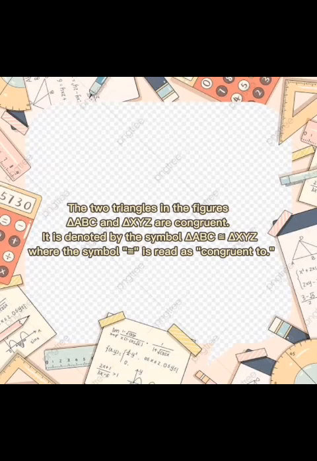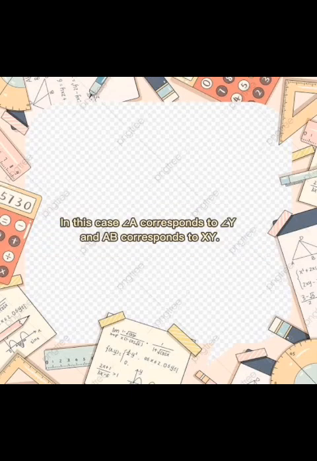The two triangles in the figure, triangle ABC and triangle XYZ, are congruent. It is denoted by the symbol triangle ABC is congruent to triangle XYZ, where the symbol is read as congruent to. In this case, angle A corresponds to angle Y, and angle B corresponds to angle X.